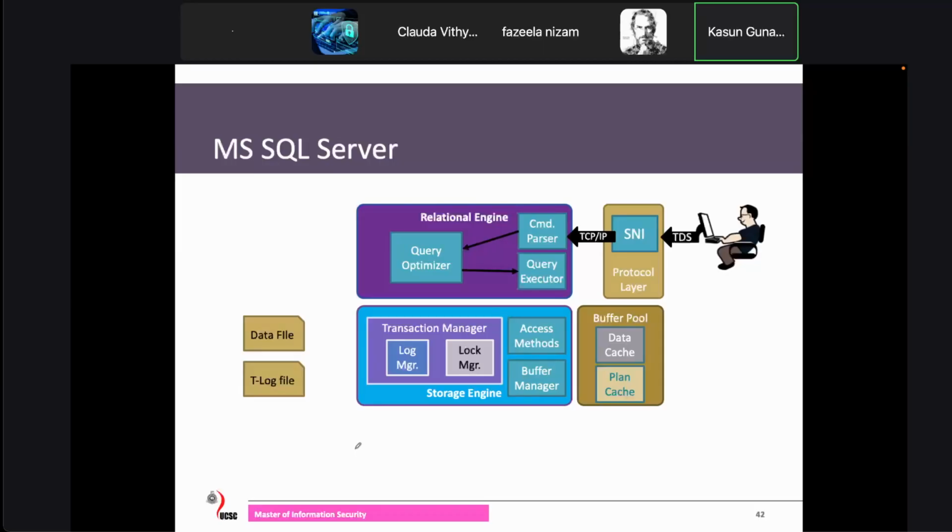So this is about MS SQL Server. Earlier we looked at Oracle. If you look carefully, again, it has these caches, logs, and these are the physical files.